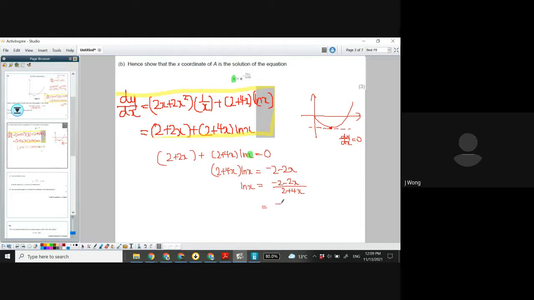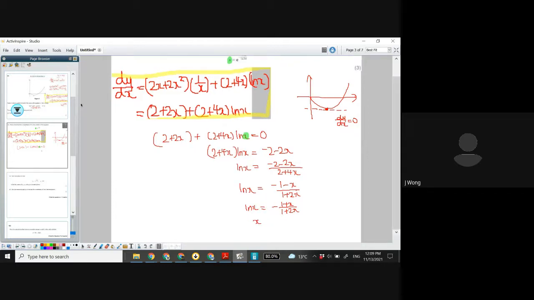Then you will have minus 1 minus x over 1 plus 2x. If you want to put it into that form, you could take out the minus sign: minus (1 plus x) all over 1 plus 2x. And then you just raise everything by e to get into the form that they want. That will be the second part there.